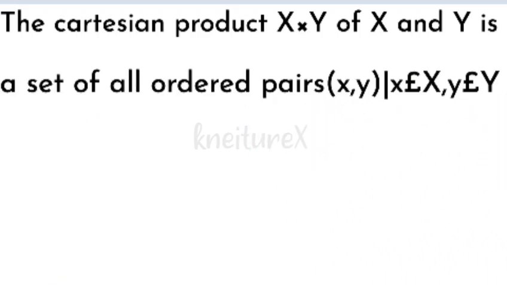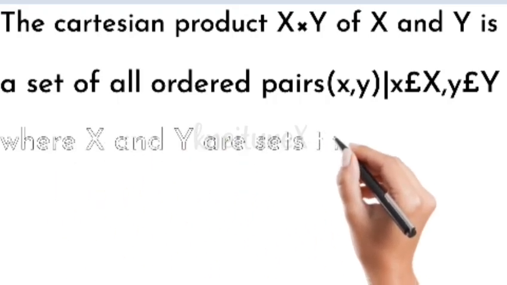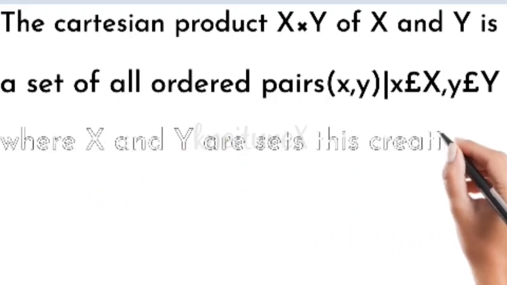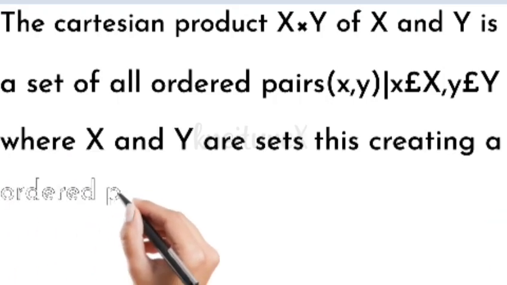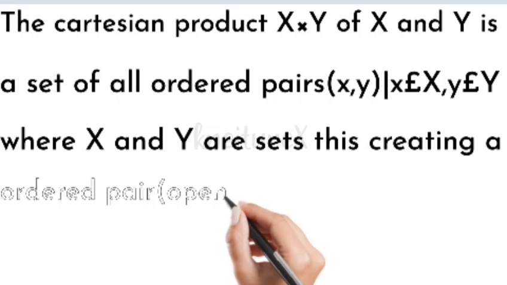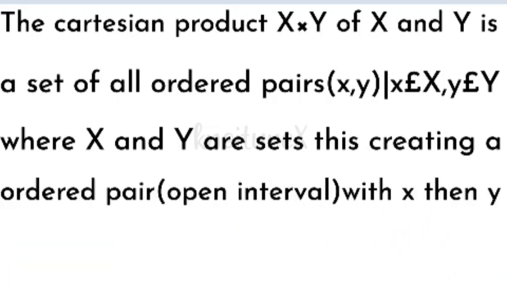So it is a set of all ordered pairs (x, y) such that x is in set X and y is in set Y. So this creates a new ordered pair (x, y).